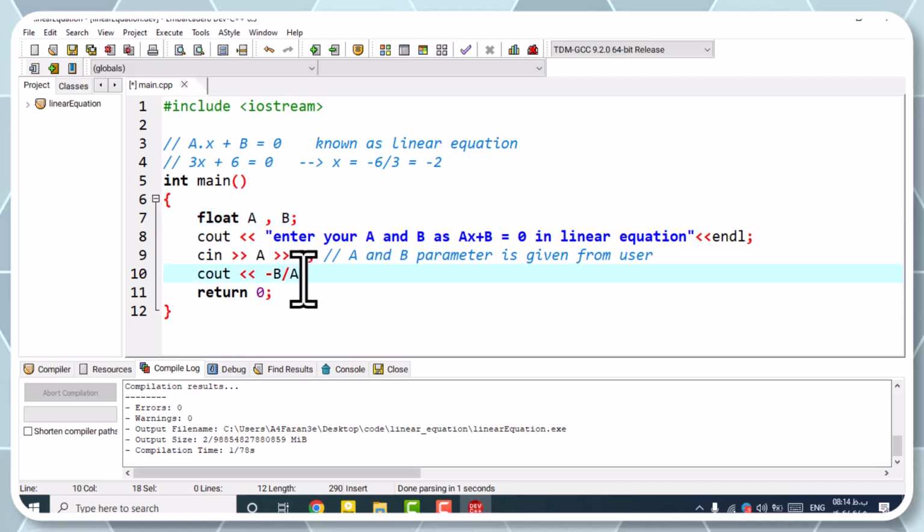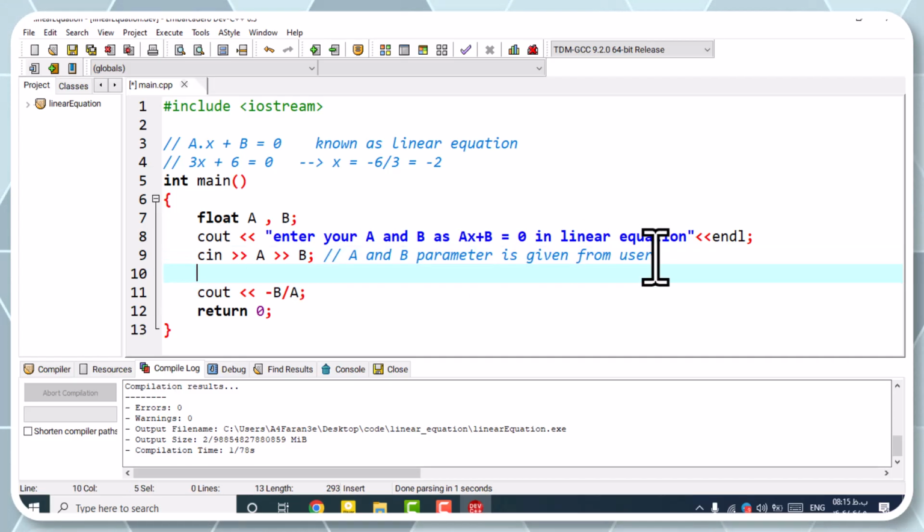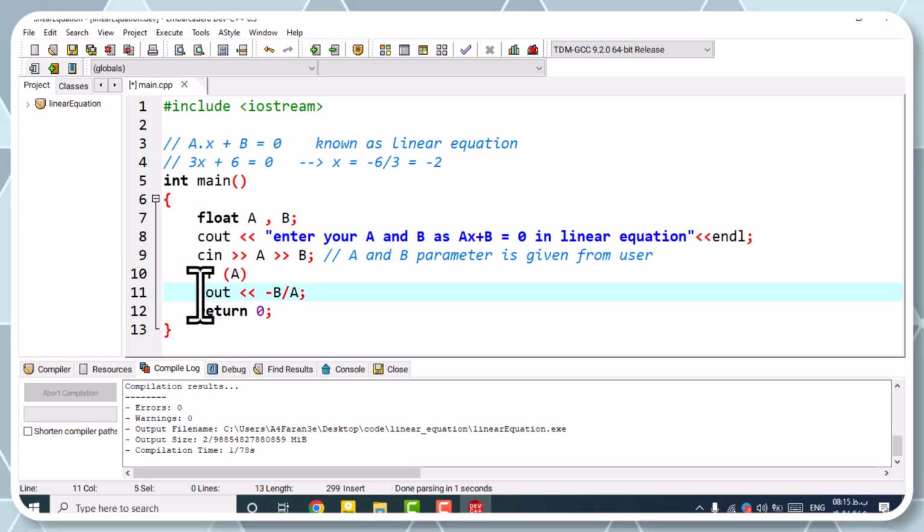And we notice that the value of A can't be 0, because if A is equal to 0, we can't define B divided by 0. So we should put the condition that if A is equal to 0, the answer is undefined. So I tell the compiler that if A is not equal to 0, we can do this command.